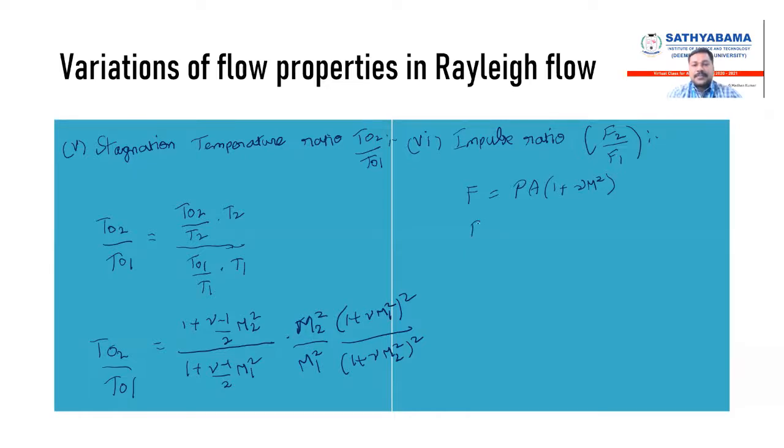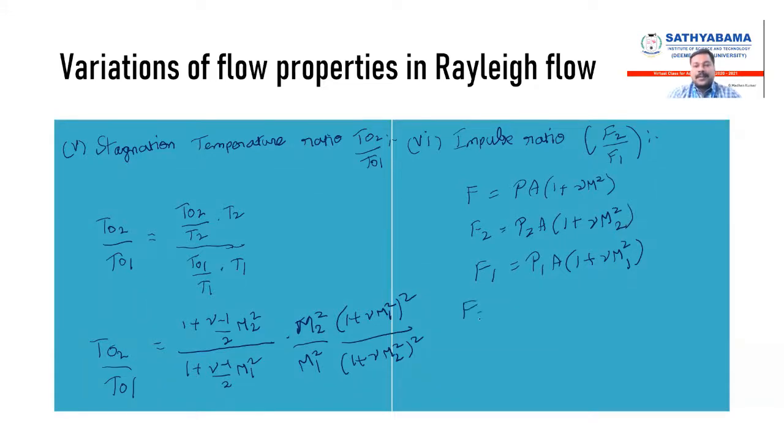So what is F2 now? F2 means P2, the pressure, which is varying, and A is the constant area, times 1 plus gamma M2 square, where the Mach number is also varying. And similarly for F1, the equation is P1 A times 1 plus gamma M1 square.